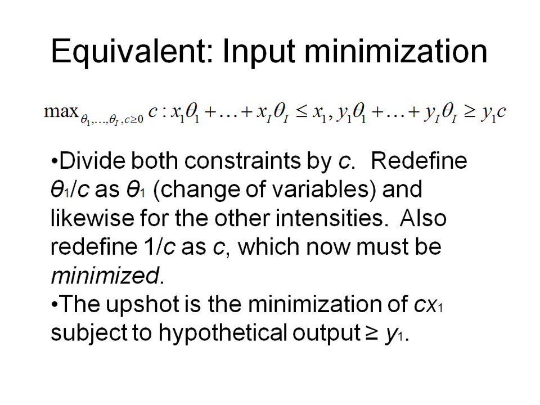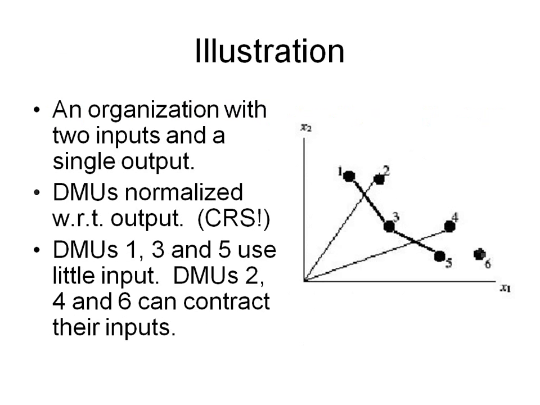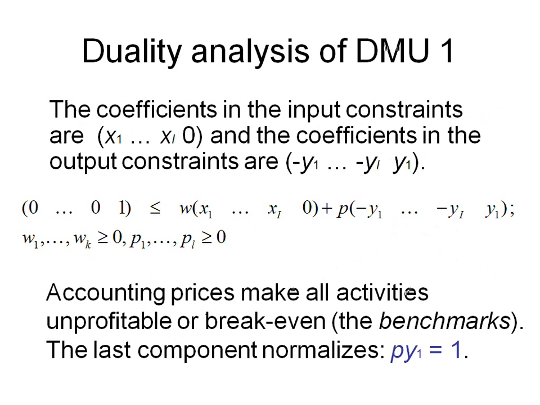Right? So we do two operations. Okay, so the coefficients in the input constraints are x1 through x capital I and 0. And the coefficients in the output constraints are minus y1 through minus y capital I and plus y1, as I just said before.